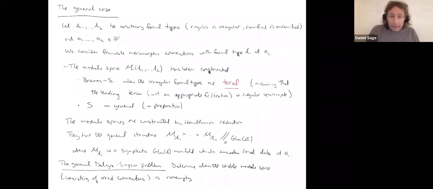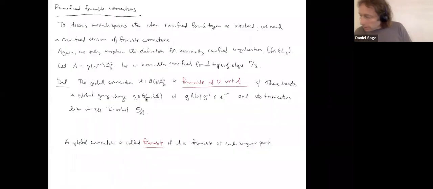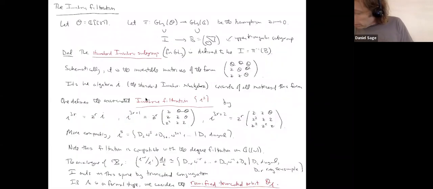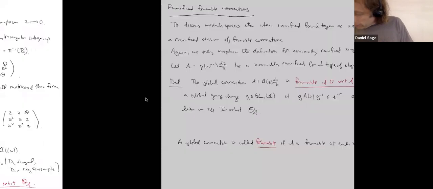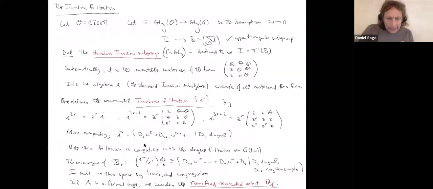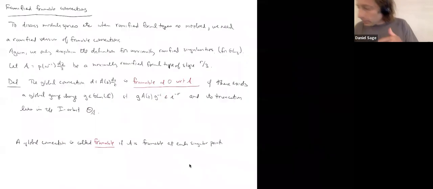This moduli space has been constructed by my former postdoc, Chris Bremer, and myself, when the irregular formal types are toral. What does that mean? It means that the leading term with respect to an appropriate filtration is regular semi-simple. Here, where I insisted that the D minus R was regular semi-simple, that's where that's coming from, or an example of that.